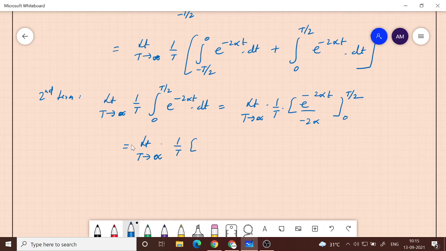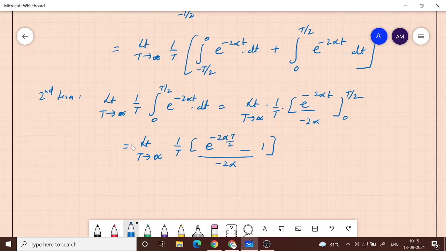So if t is positive and tends to infinity, we put in minus 2 alpha t by 2, minus e raised to 0, which is 1, divided by minus 2 alpha.